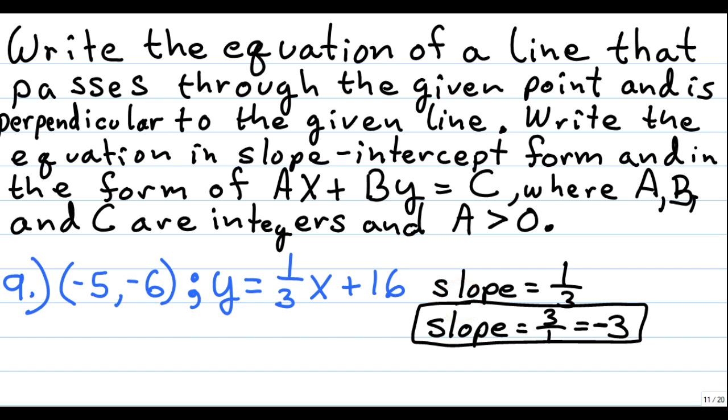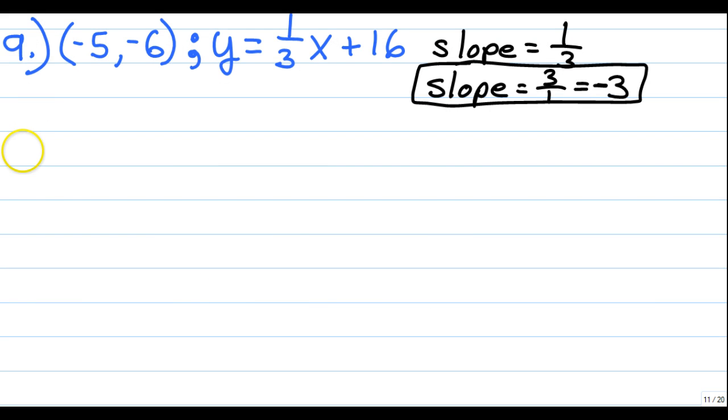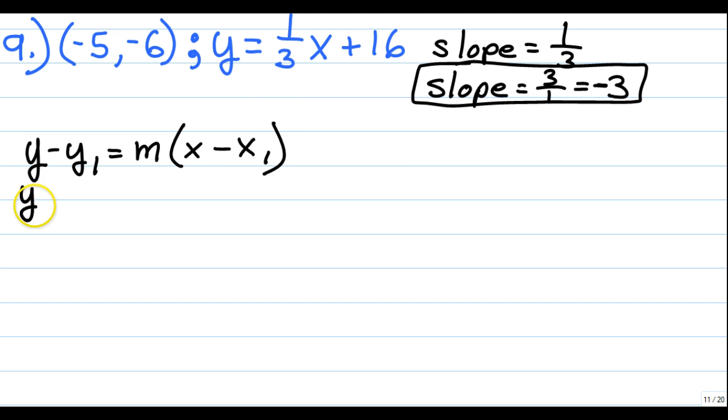So again, now we have a point and a slope, and we can use the point-slope form to solve for our slope-intercept form and our standard form. So let's start with that point-slope formula. y minus y sub 1 equals m times x minus x sub 1. And we'll plug our values in.